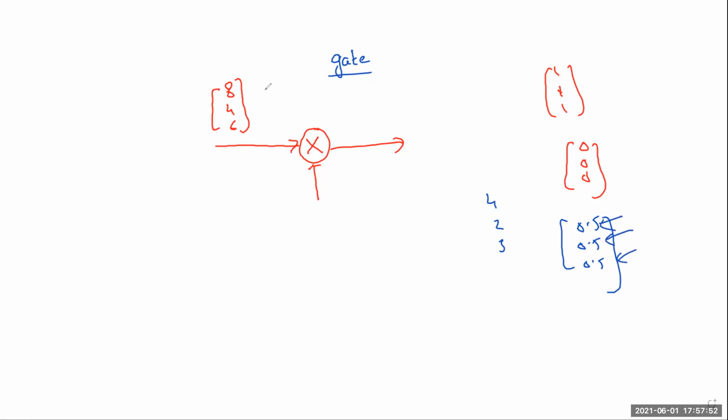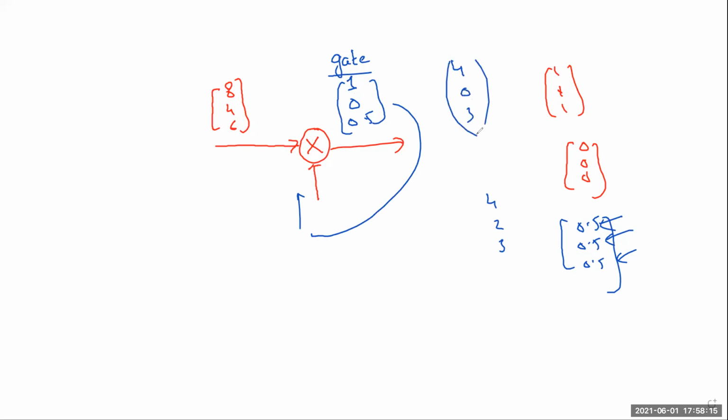You want this 8 to pass fully, you want this 4 to stop completely, and you want to allow 50% of this information to pass through. So you can have a vector like this. When you multiply them together, you get 8, 0, 3. Okay, so this is the information that you are letting through.